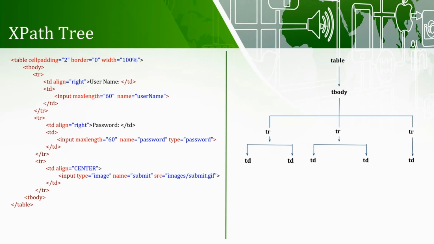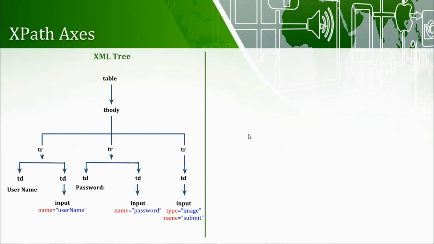The first TD is username, and the second TD has a child of type input. The third TD is password, and the fourth TD has the child of input type, and the fifth TD also has a child of input type. So we are going to make the corresponding child under TD, and this completes our XPath tree.